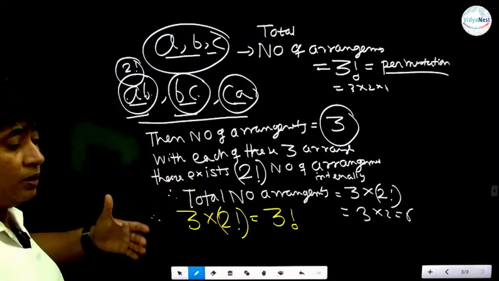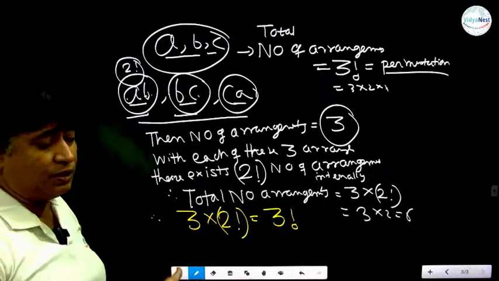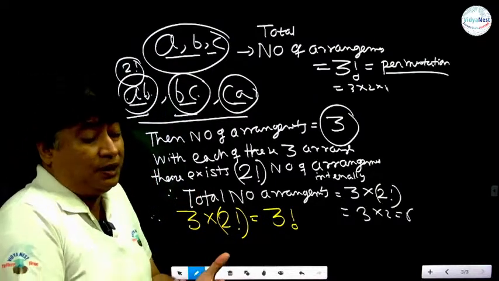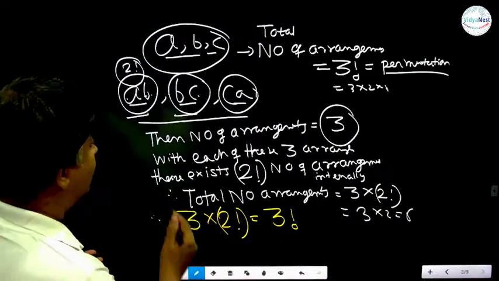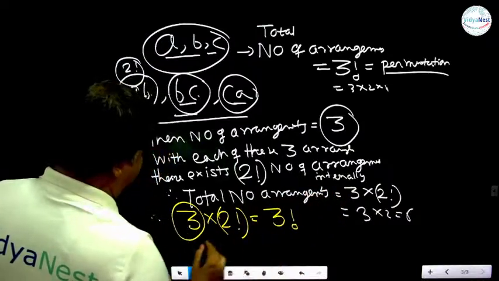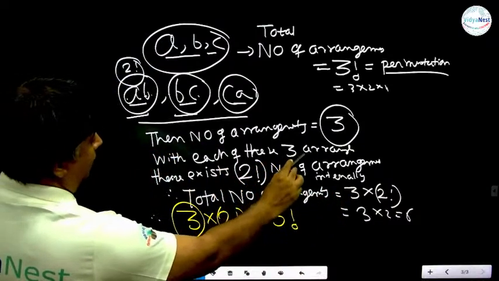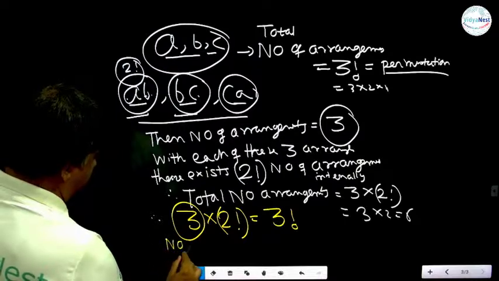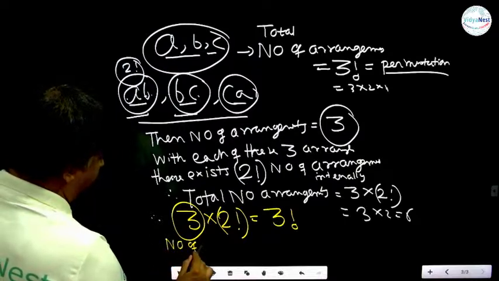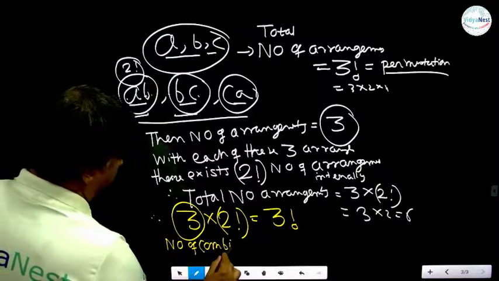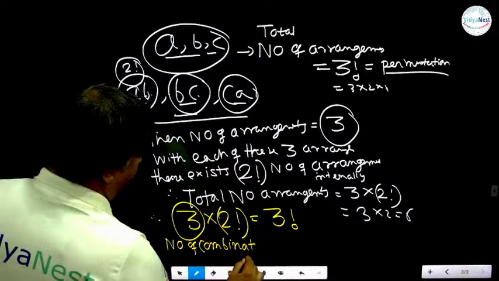You can say, okay, that is so simple, all of us know that. But from here, one new concept is inherited. What? The 3 is the number of combinations, a new term: combination.